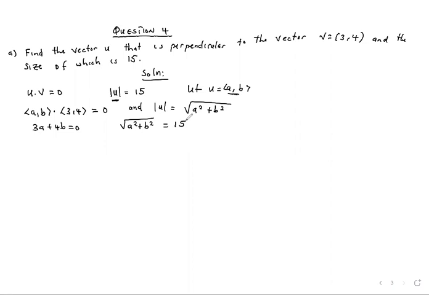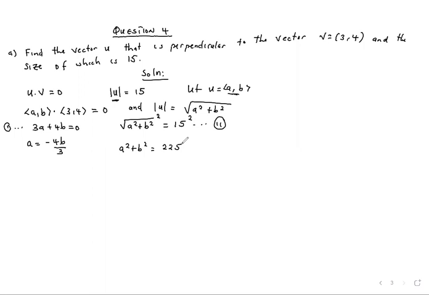We call this 1 and this 2. From 1, we have a is equal to negative 4b over 3, we solve for a. Then in equation 2, we square, we'll get that a squared plus b squared is equal to 15 squared, 15 by 15, 225.